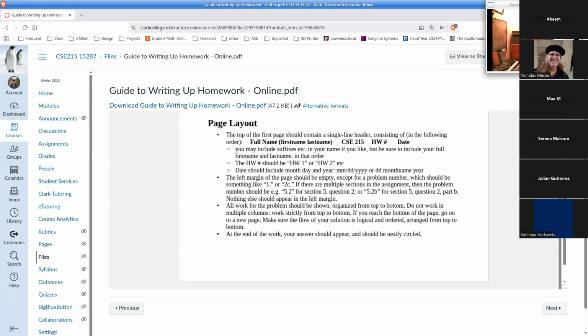Here's a suggestion for page layout. Again, this is more for when you're turning in physical paper, but it's perfectly fine for PDFs as well. Put your full name at the top, first name followed by last name, please. The course, the homework number, the date.